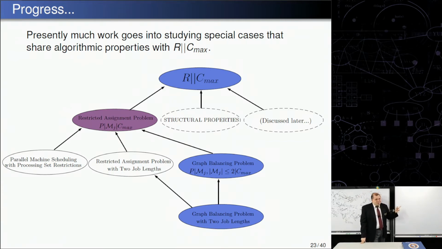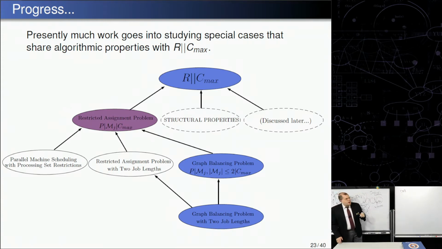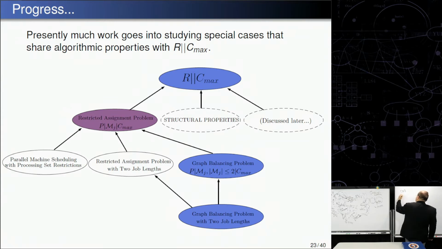When it comes to structural properties, people have been studying, for example, the processing time matrix. Remember I told you it's like a table or a matrix? Naturally, people look at the matrix and want to study properties of said matrix. For example, some people have been studying the rank of the matrix. If you consider ranks of certain values, what exactly happens? Another good example, which I'm going to touch on later, is studying something called a machine type.